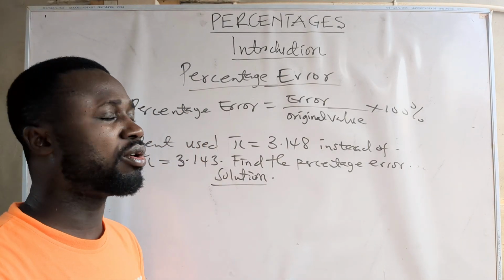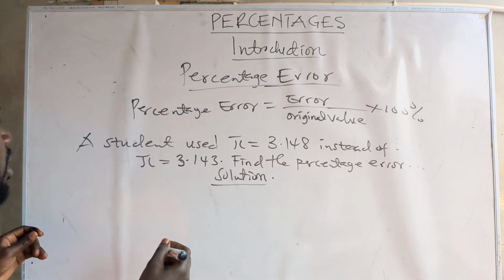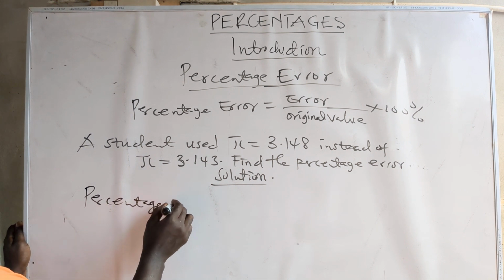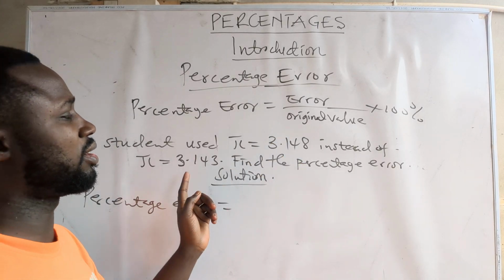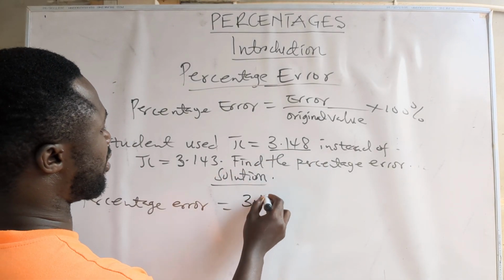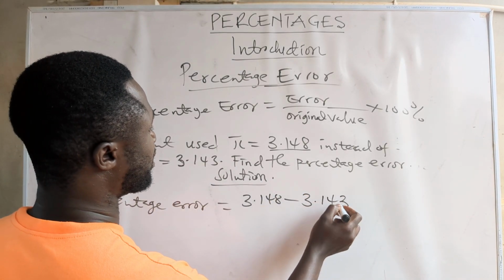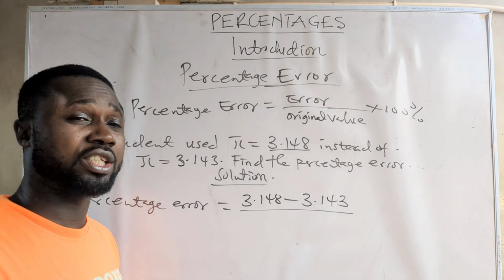So what was the error made? In terms of percentage, what was the mistake that was made? So our percentage error is the error. The error is the difference between the two values. Say this is the higher value, so 3.148 minus 3.143, all divided by the original, the actual value.